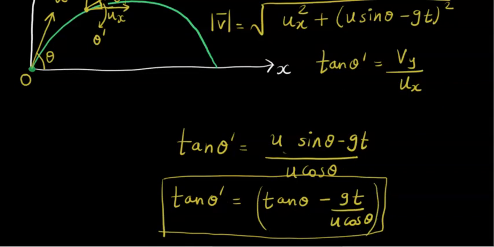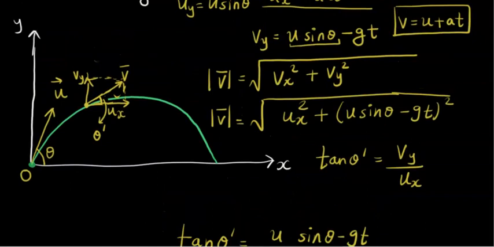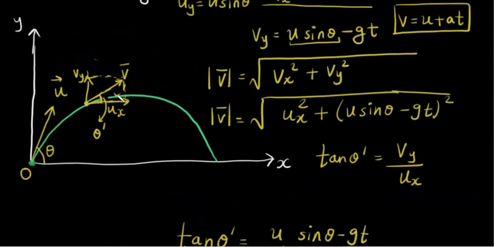So this is the velocity and its direction at any point in a projectile motion. What do you think about the velocity at the topmost part? What will be the velocity at the topmost part? The final velocity vy should be 0 at the maximum height, because for normal vertical motion we have already seen that the velocity at the maximum height is 0.